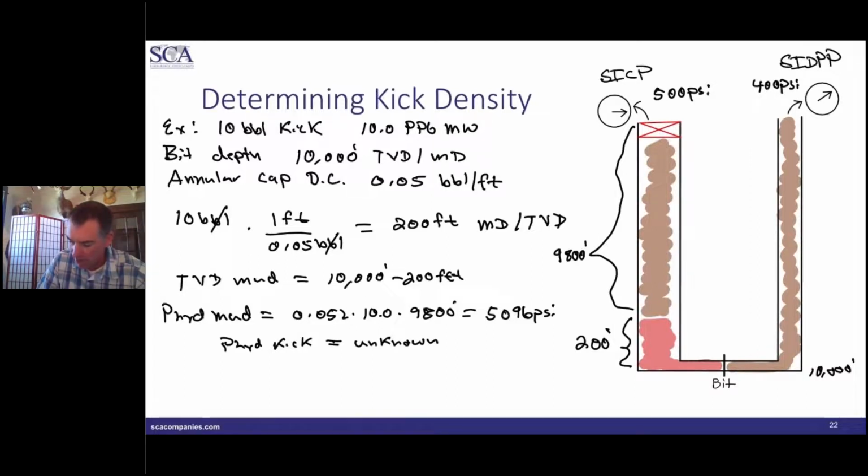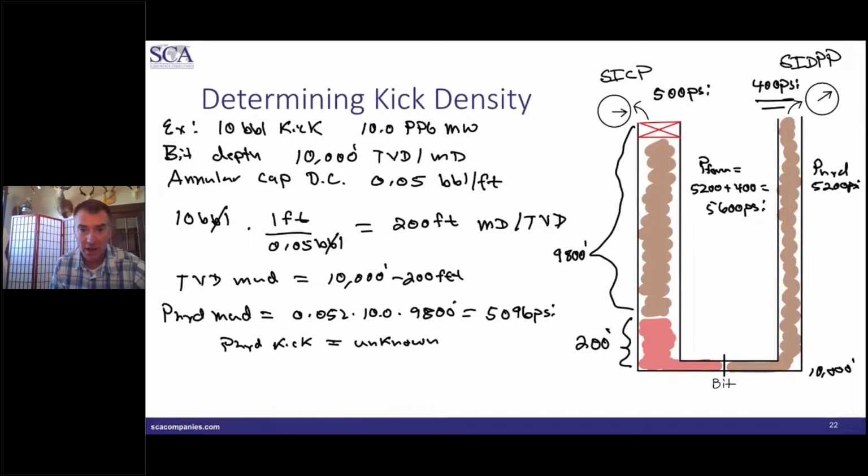I know my hydrostatic pressure on this side is 5,200 psi. And if this shut-in drill pipe pressure is 400 psi, P form is equal to 5,200 plus 400 equals 5,600 psi.